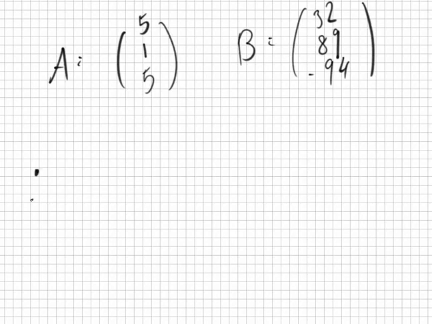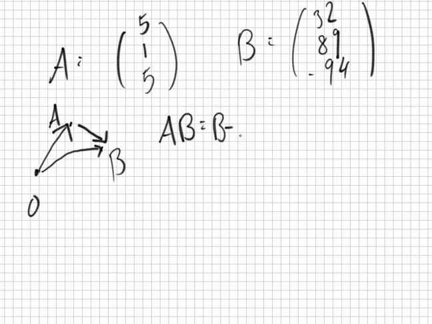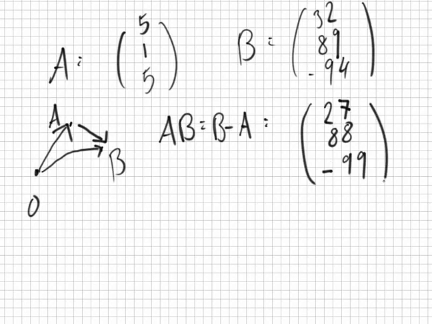So if you think about it, there's O, there's A, there's B. And we know this vector, that's A. We know this vector, that's B. And I'd like to find this vector, AB. You have a formula. AB is B minus A, which would be 27, 88, and minus 99.